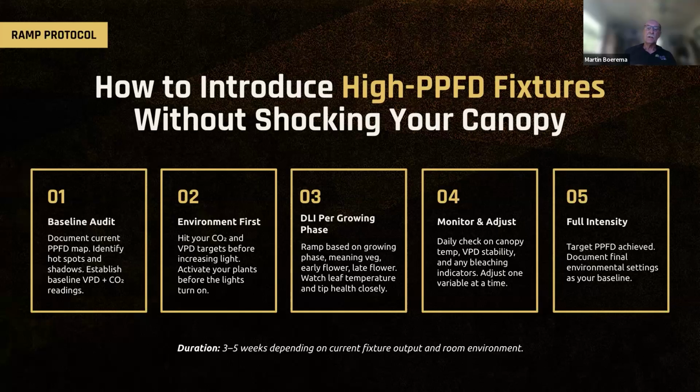Okay, so number 4, monitor and adjust. This is where the art meets the science, because now a grower needs to be able to evaluate plants properly. So what is the vegetative versus generative balance at a certain phase of plant development?